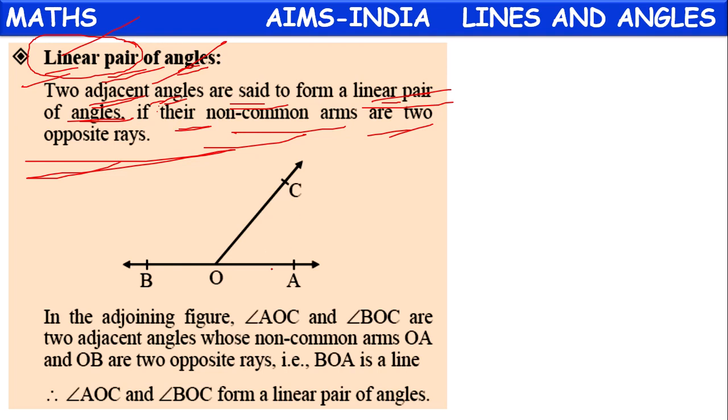So here in this figure, AOC is one angle and BOC is the other angle. This is the first angle, this is the second angle.